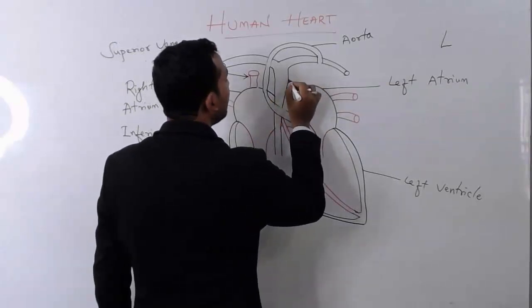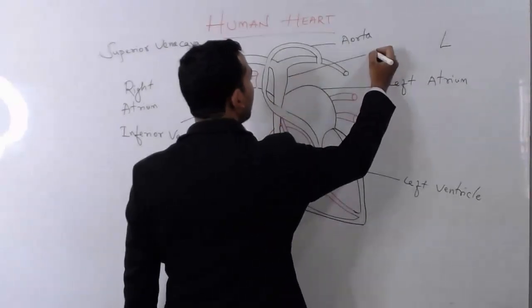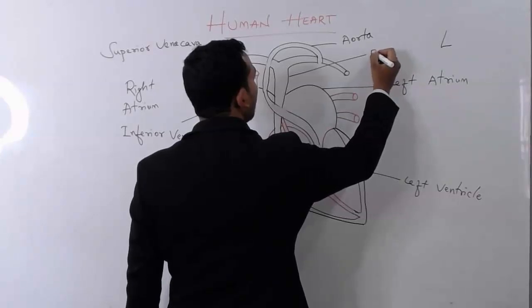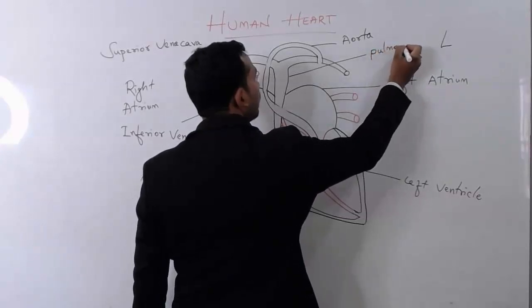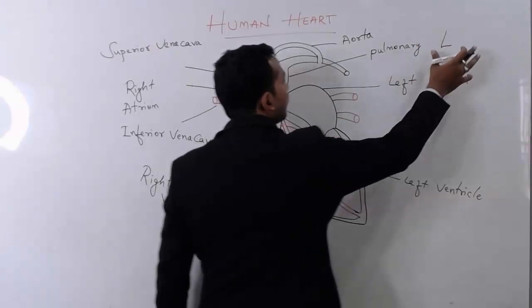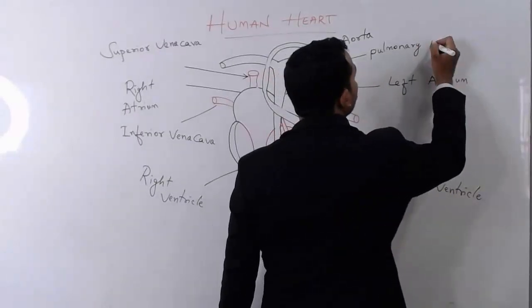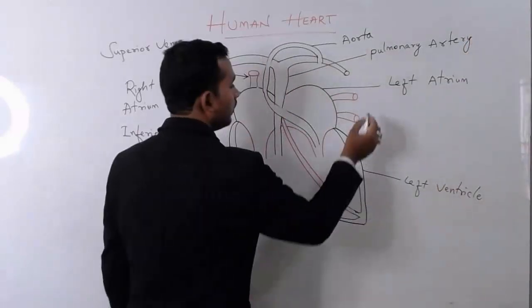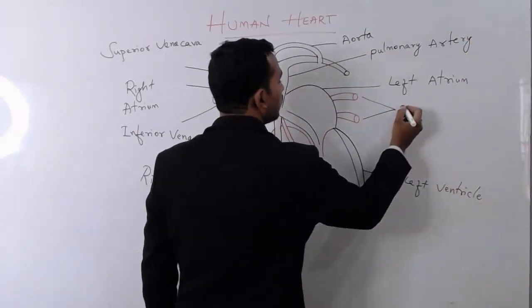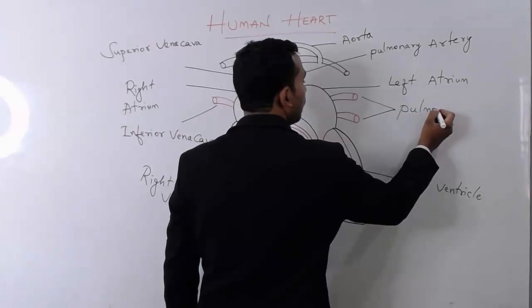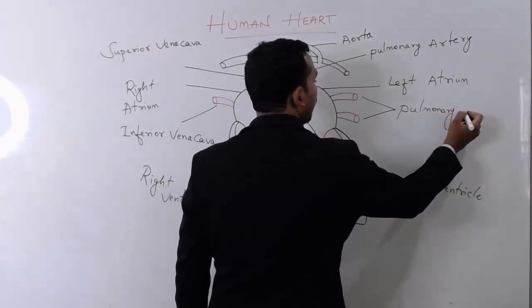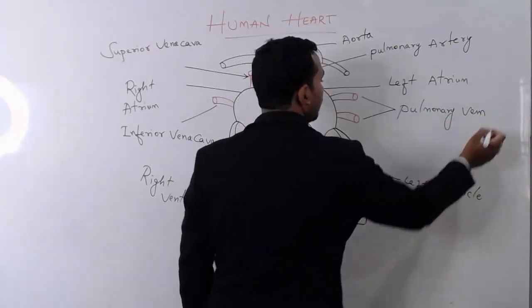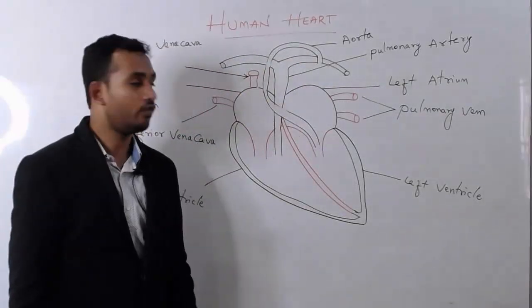This shape of a T is nothing but we call it as pulmonary artery. This is pulmonary artery. Can you see this both? This is called as pulmonary vein.